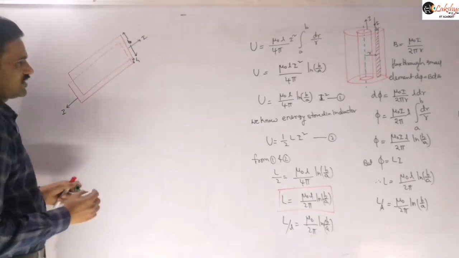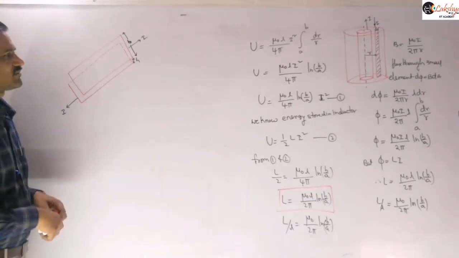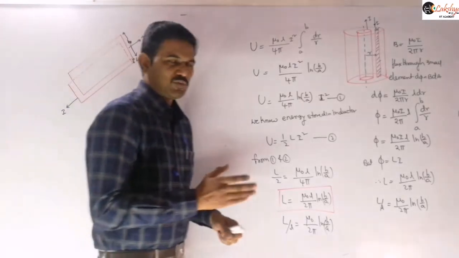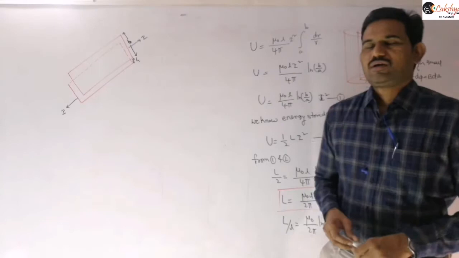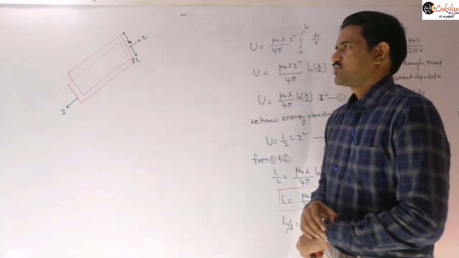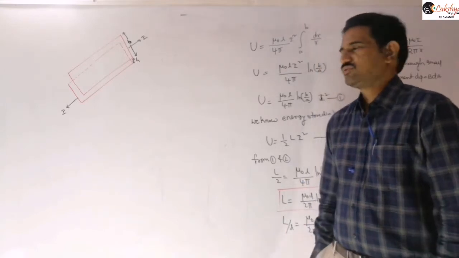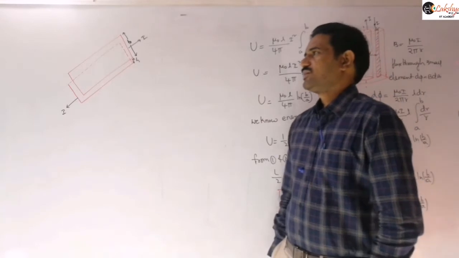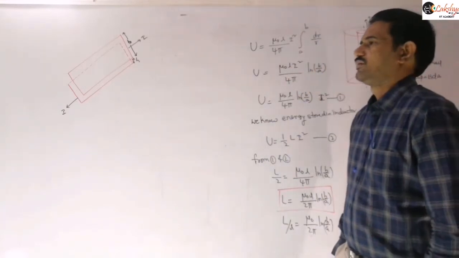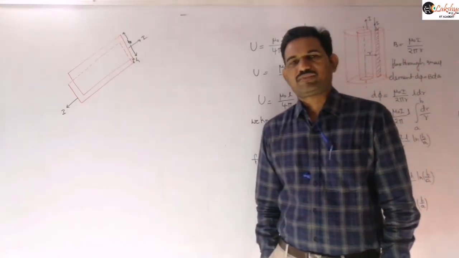So the same question here, we need to calculate the inductance per unit length. So just mention that. Consider a double tape, each of width B separated by a distance H, carries current I in opposite direction.